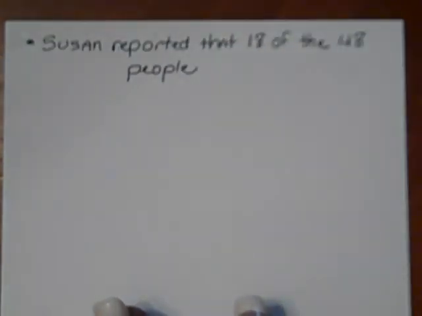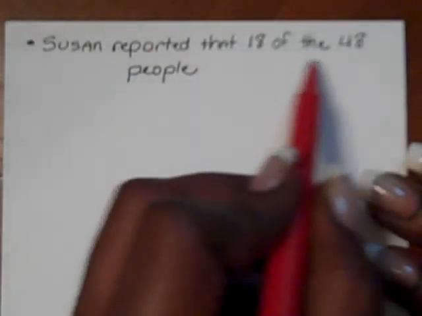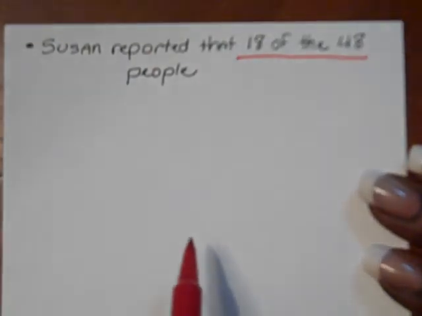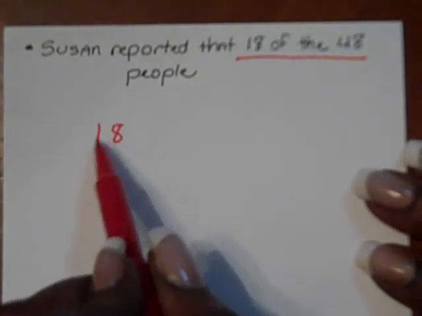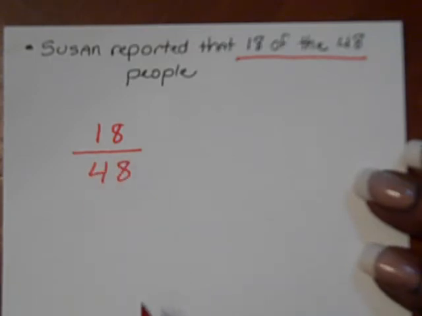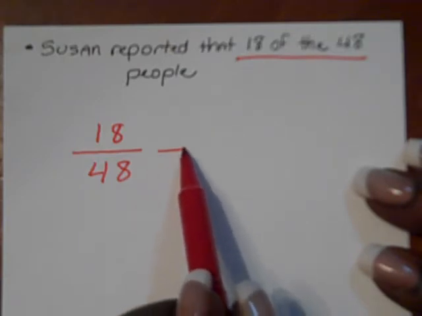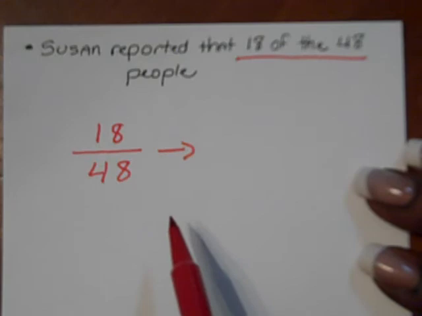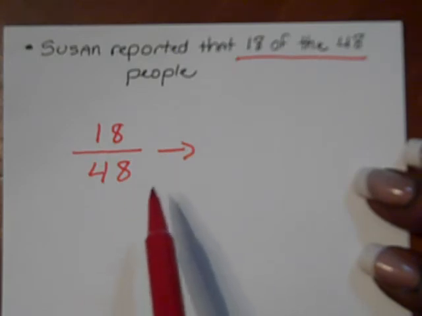But let's take a look at Susan's report. Her report said that 18 of the 48 people said yes to 8 hours. So as a fraction, 18 said yes out of all the 48 people that she surveyed to 8 hours of sleep. We talked about how to change a fraction to a decimal, but before I start dividing the numerator by denominator, I'm going to reduce or simplify my fraction.